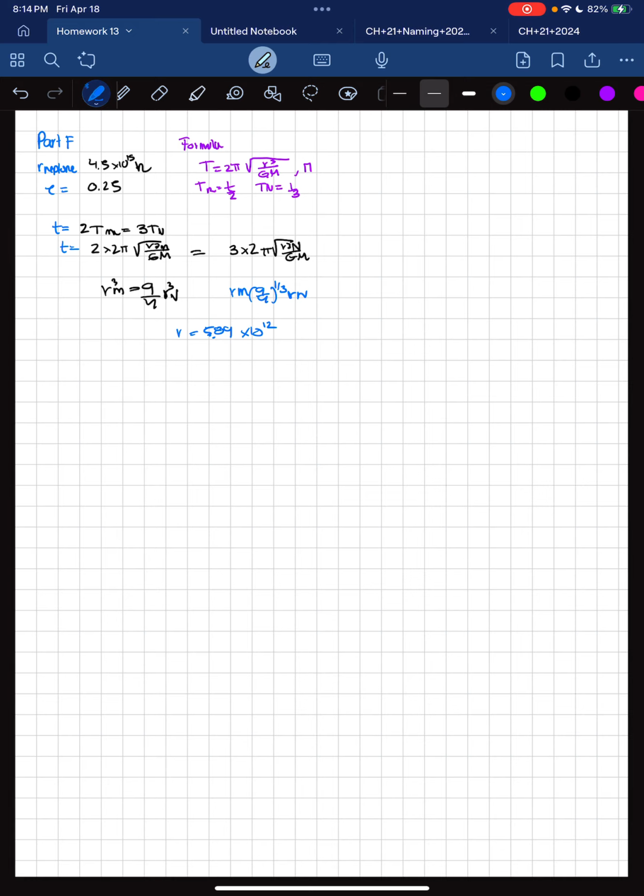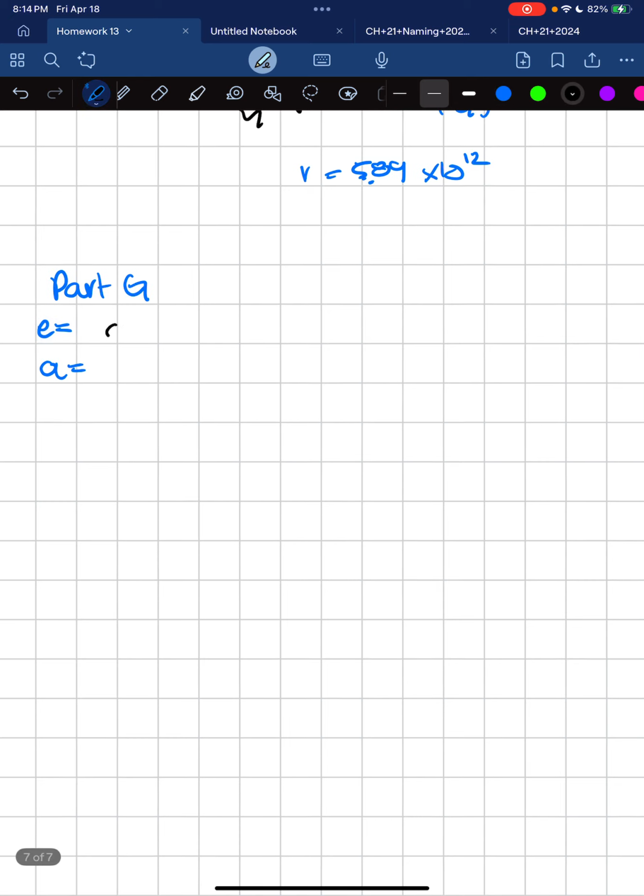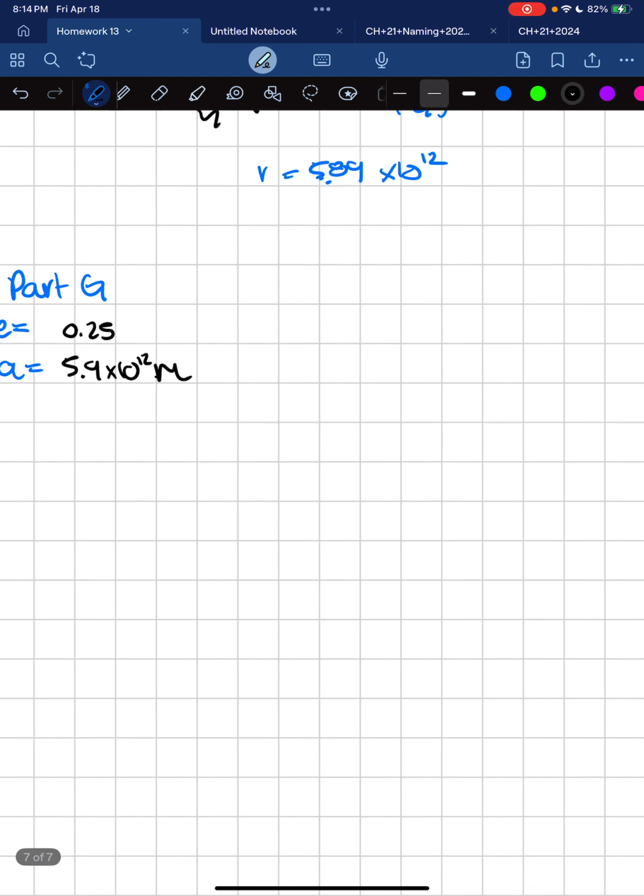Okay, now let's go ahead and go with part G. Now they want us to find the distance between the sun and the minor planet at the perihelion. So we have the eccentricity. We also have the semi-major axis, which is the one that we just found. So let's put those two down, the one that we just found in the previous question.